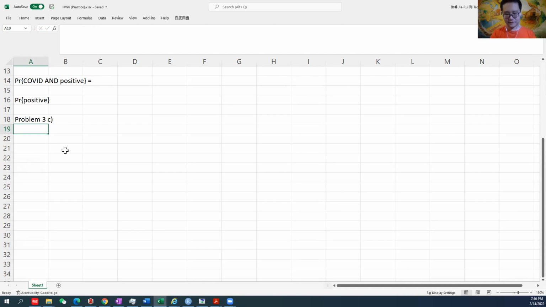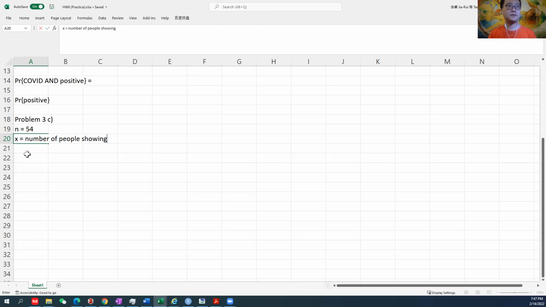So let's first define some quantities here. We know that there are 54 possible bookings, right? And here I would define X as the number of people showing up.